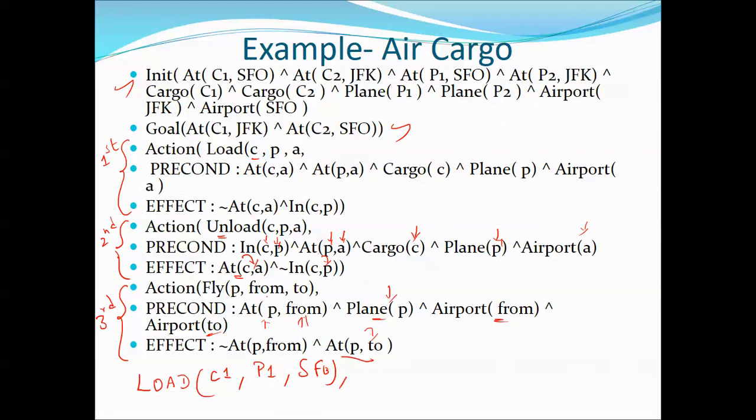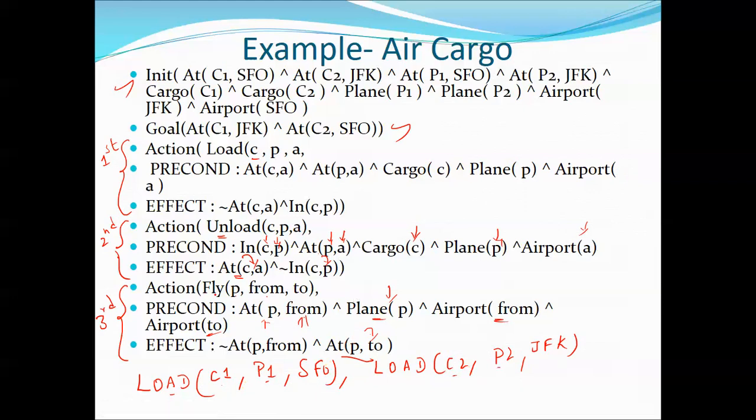Right? Similarly, in the other airport also we should load. What is that? Load C2: the cargo C2 should be loaded to the plane P2 in the airport JFK. So after applying these operations, C1 is in the plane P1, and cargo C2 is in the plane P2.